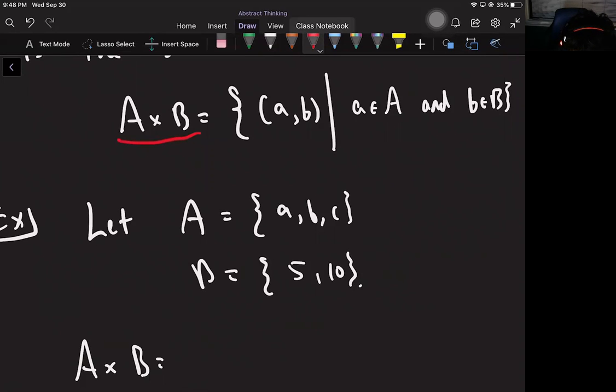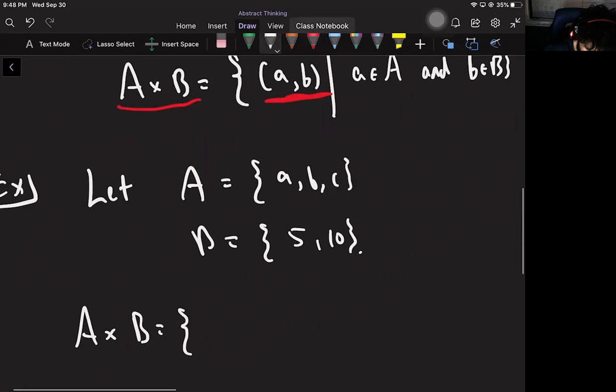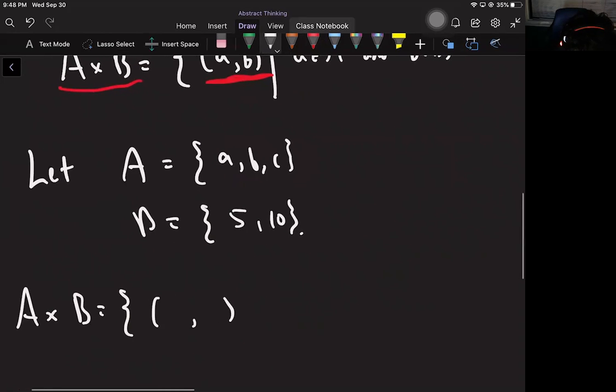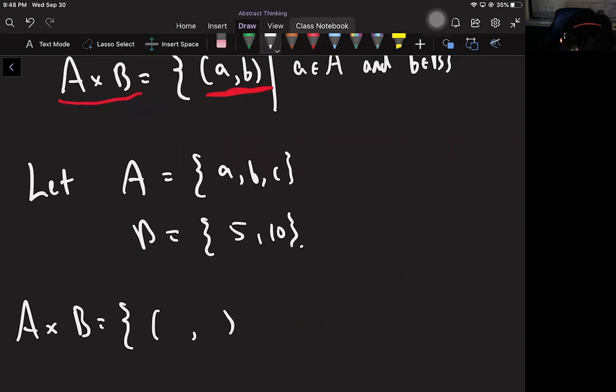Well, the elements, the kinds of things that are in there, that's what this side says. It's got to be ordered pairs where the first coordinate, the first thing in the pair, has to come from A, and the second thing has to come from B.